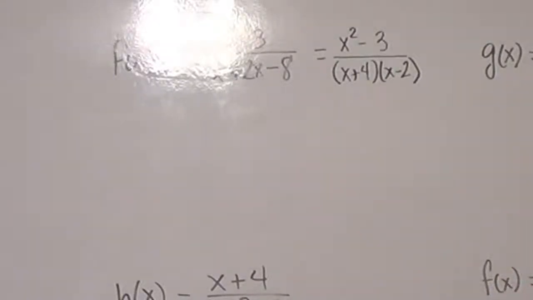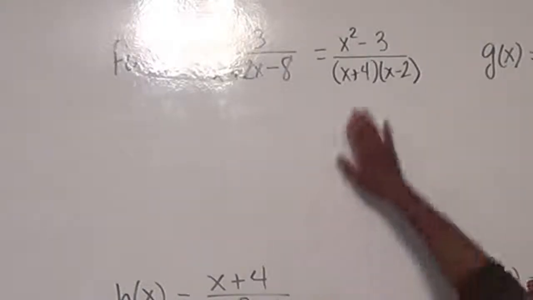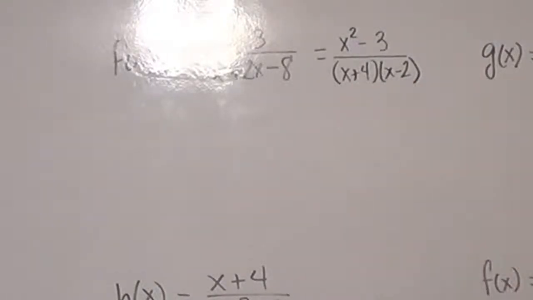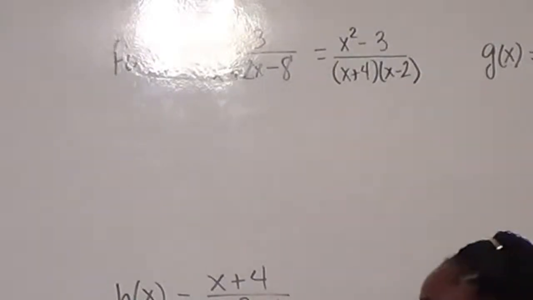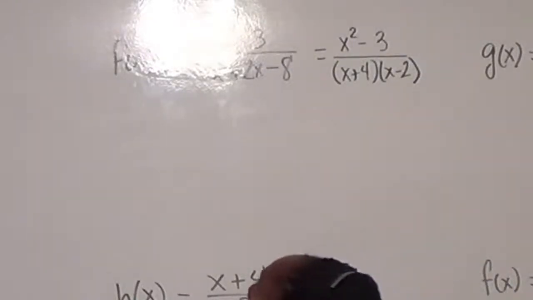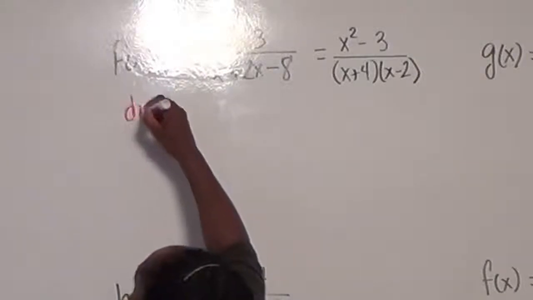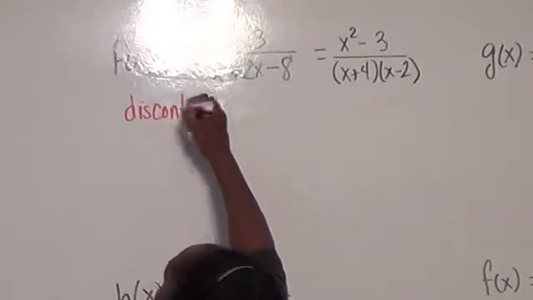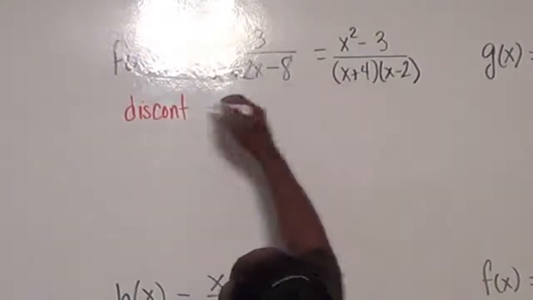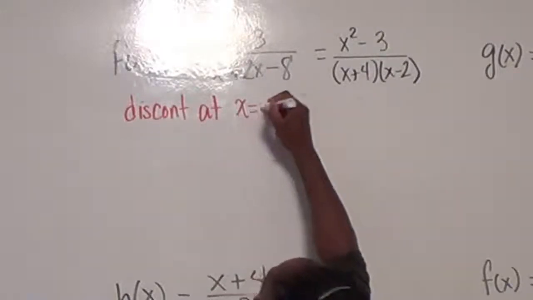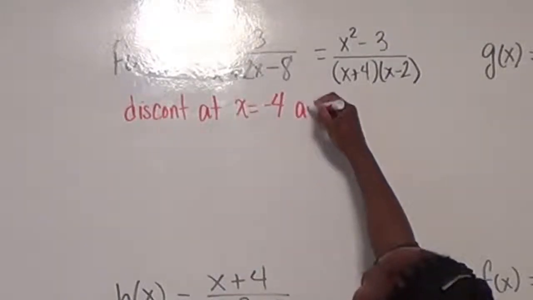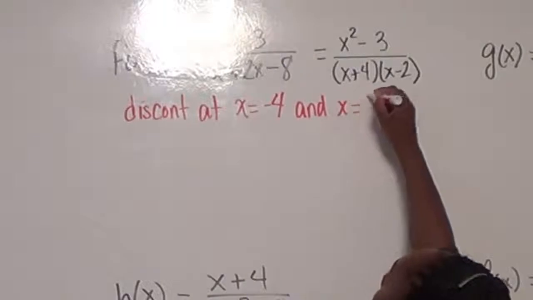We can check that the limit exists everywhere else, but again, if it's not at -4 or 2, we can see that the function is going to equal the limit. So here, we can say this is discontinuous at x equal -4 and x equal 2.